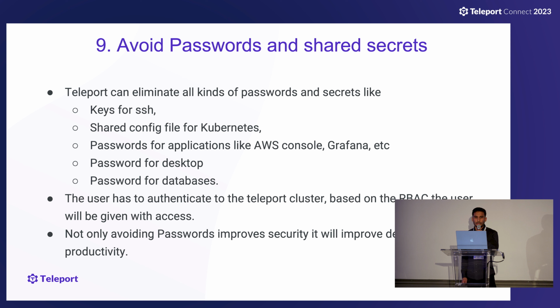Users don't need to store or remember any password or secret when they use Teleport. Authenticating to resources will be based on RBAC rules. Avoiding passwords can also improve productivity. Wondering how? Because your developers no longer need to ask where a particular SSH key or password is stored, and also there's no more need to try multiple SSH keys to see which one is the right one.